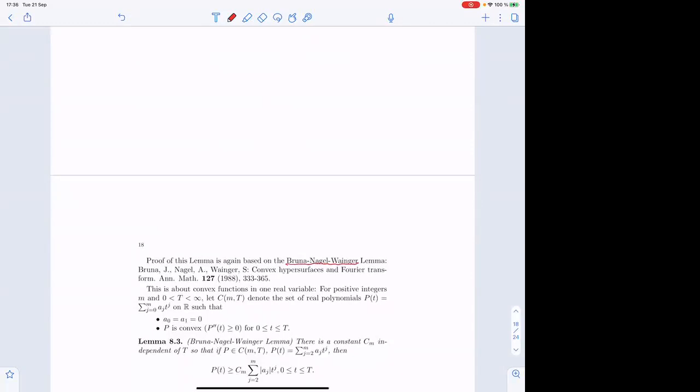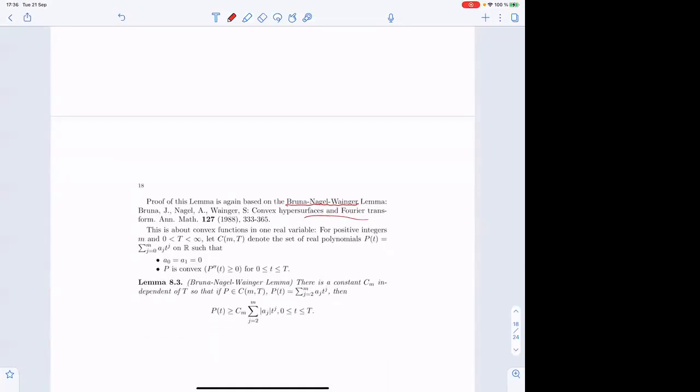They were working on the real line, so not on the disk, but on an interval. They talk about convex hypersurfaces, and they apply this lemma to things. But the crucial Bruna-Nagel-Wainger lemma is this. It's about a convex function in one real variable. You take positive integers m, which is the degree, and t is some length of some interval.